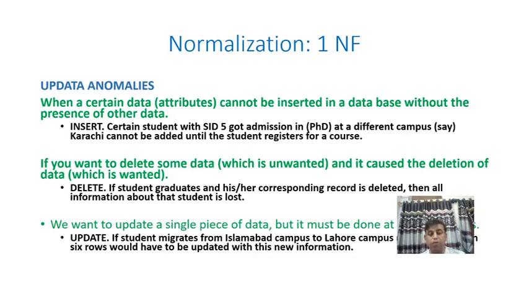For example, if a student migrates from Islamabad campus to Lahore campus, say SID 1, then 6 rows would have to be updated with this new information.